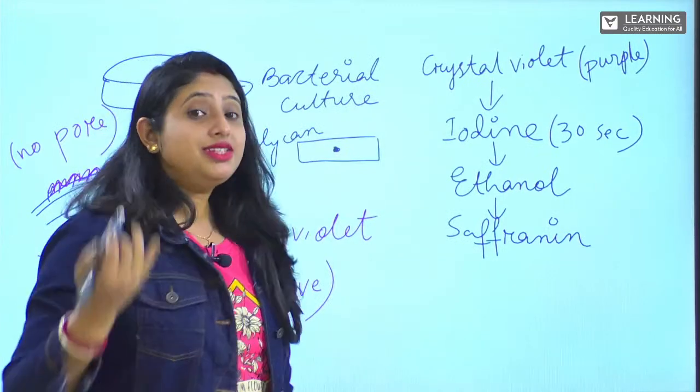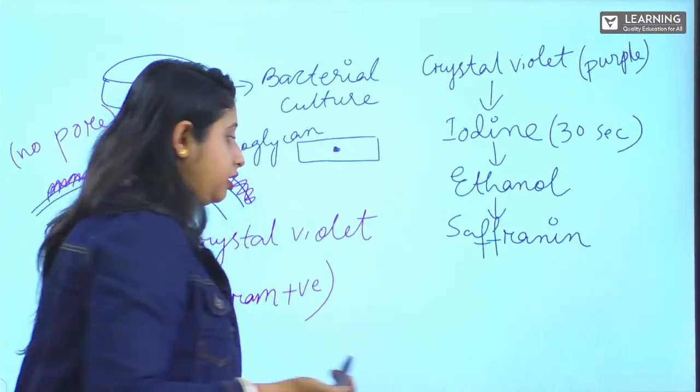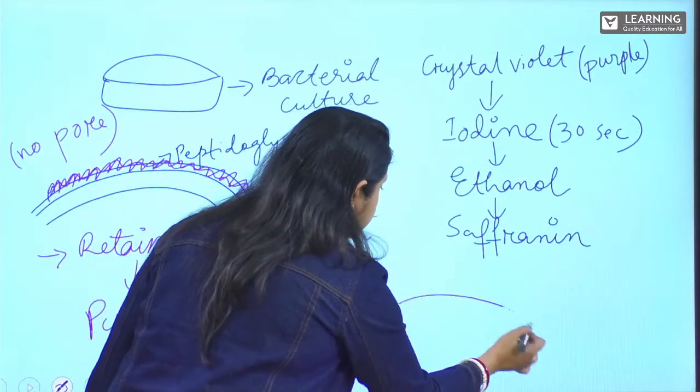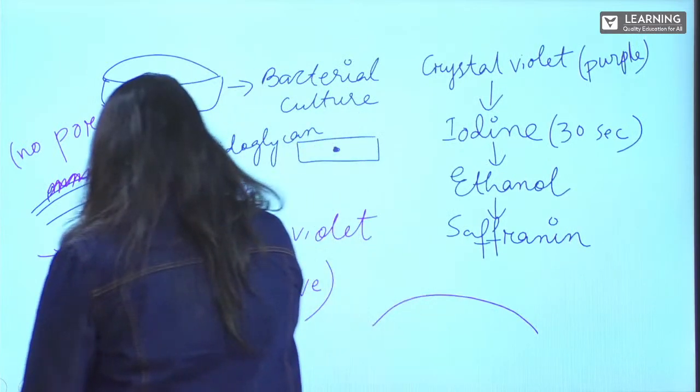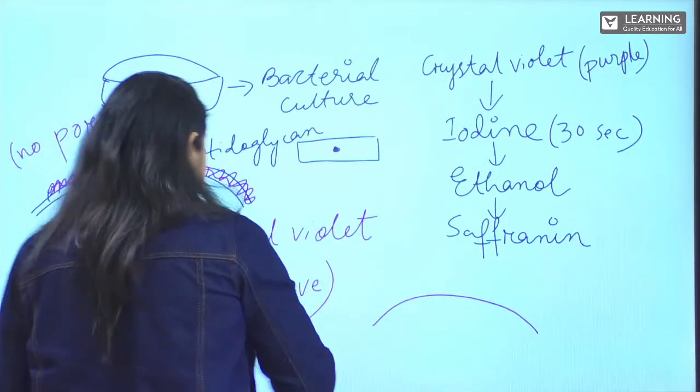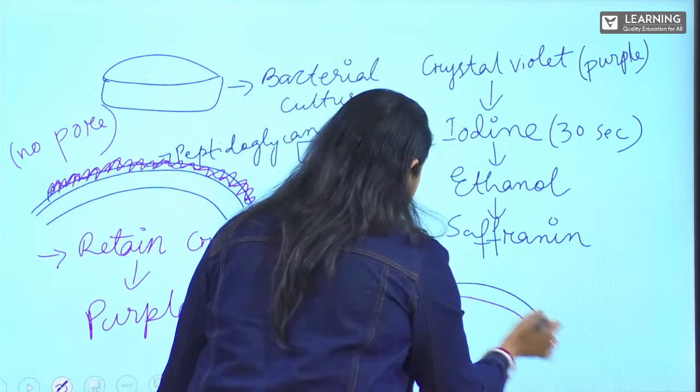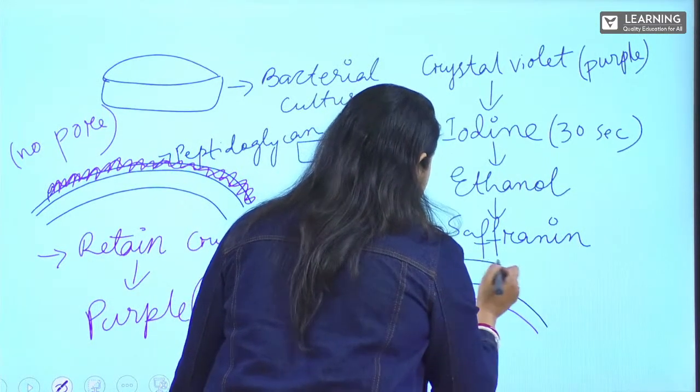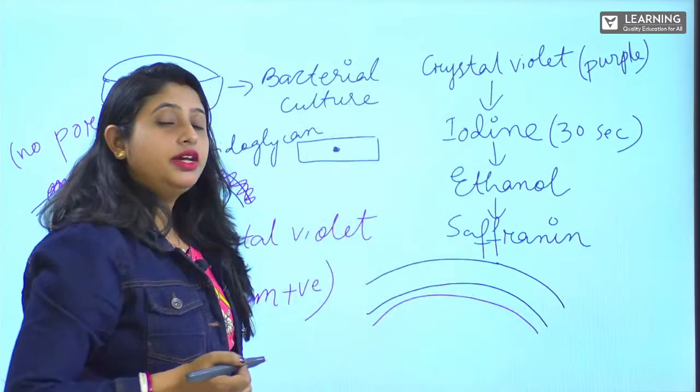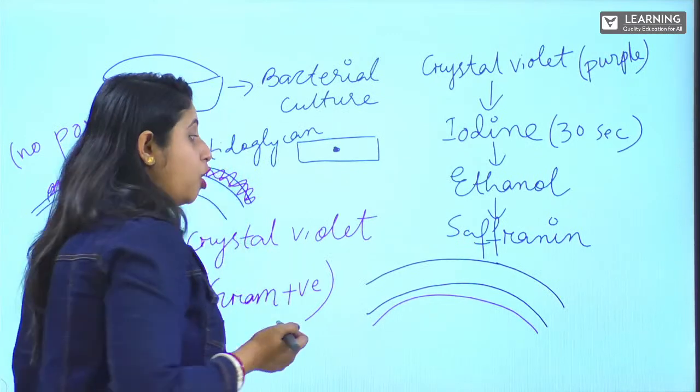But in the case of gram-negative bacteria, what happens? Along with the peptidoglycan, they also have another layer that is known as the lipopolysaccharides.